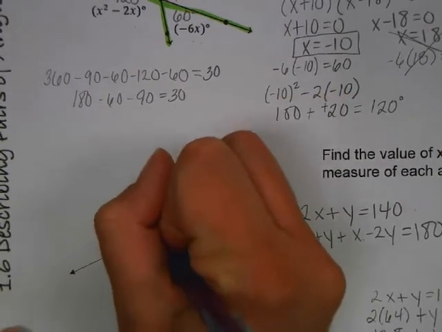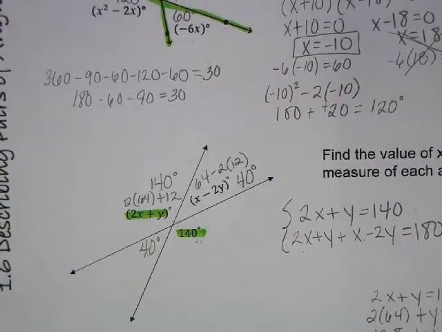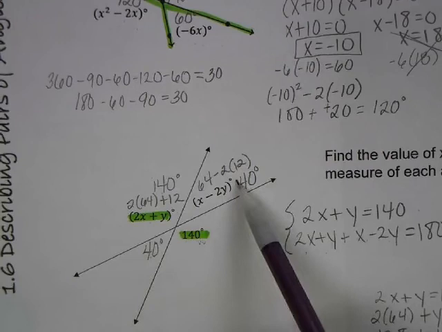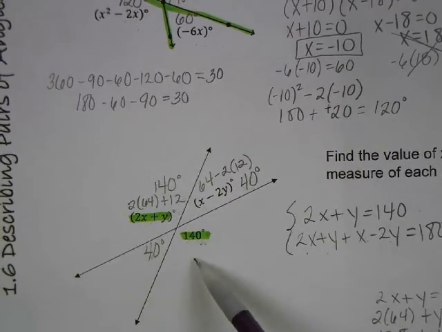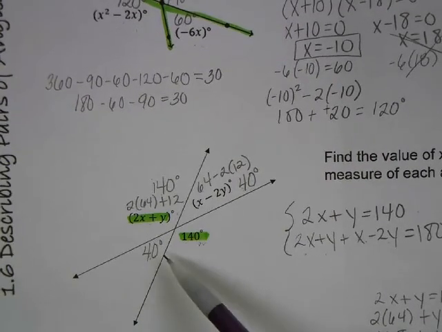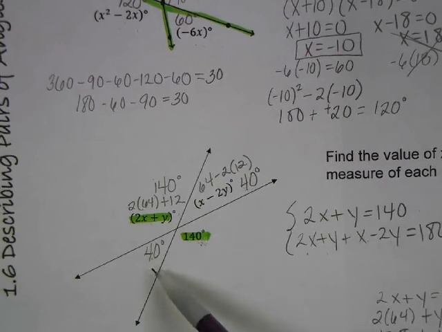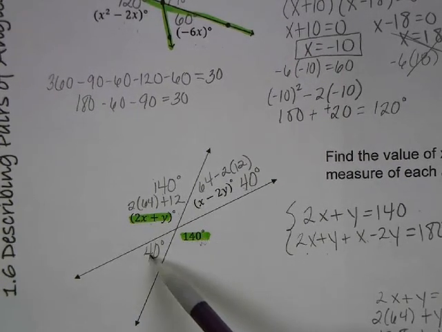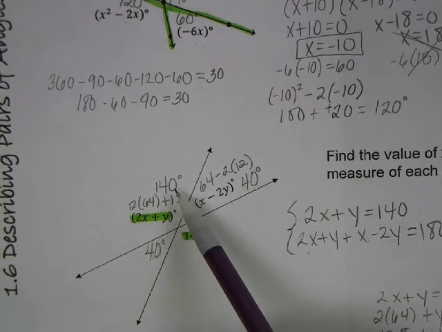So we can go ahead and label that 40 degrees as well. So you'll see that vertical angles are equal, the 40 and the 40, the 140 and the 140. And you'll also notice that the linear pairs add up to 180, because you'll always have a 140 and a 40 as you match up your linear pairs.